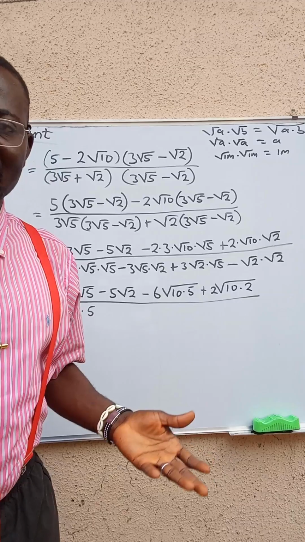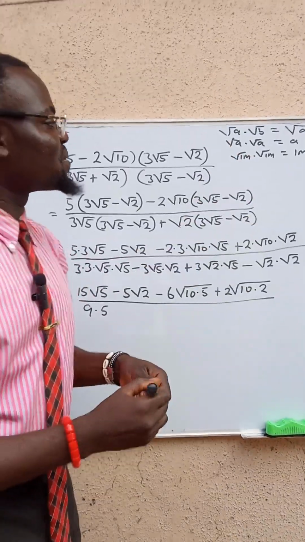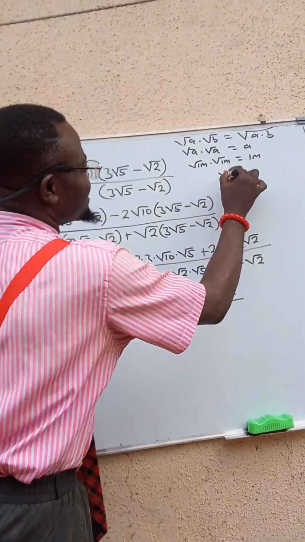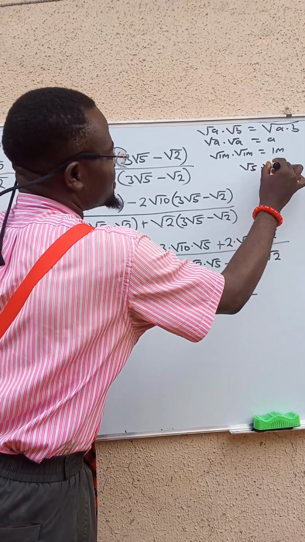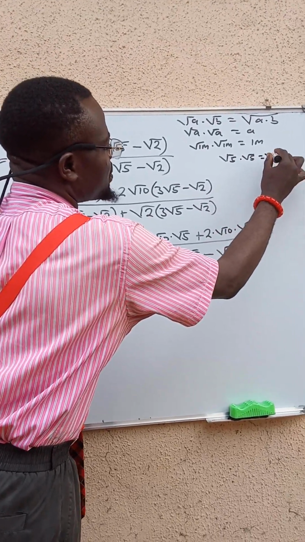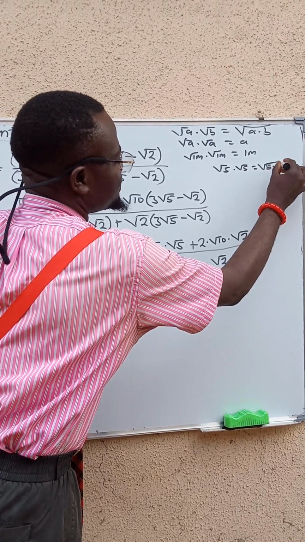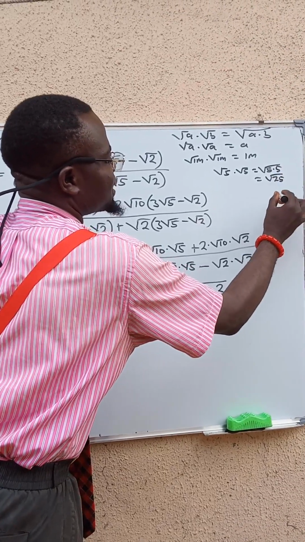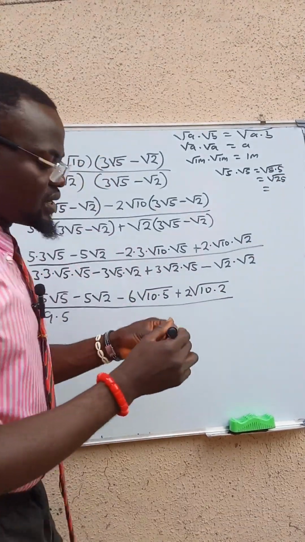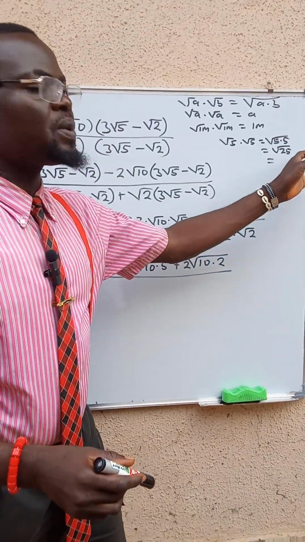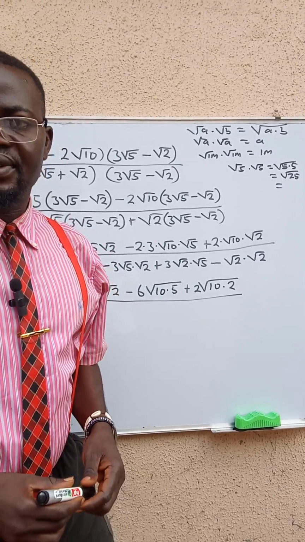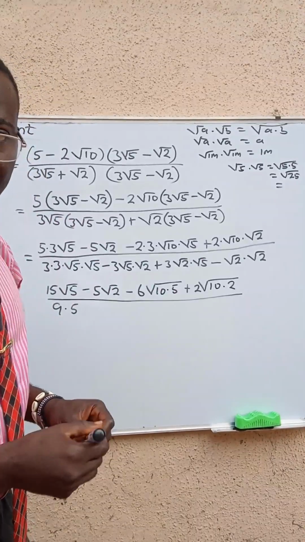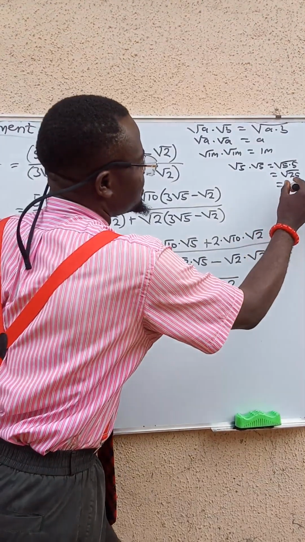If you want to do it directly, root 5 dot root 5, look at it here for us to prove it. Root 5 dot root 5 will be what? 5 dot 5, and 5 dot 5 is 25. That is 5 times 5, and root 25 simply means the two numbers that if you multiply it will give you 25. So it's 5, and I have root 25 to be 5.